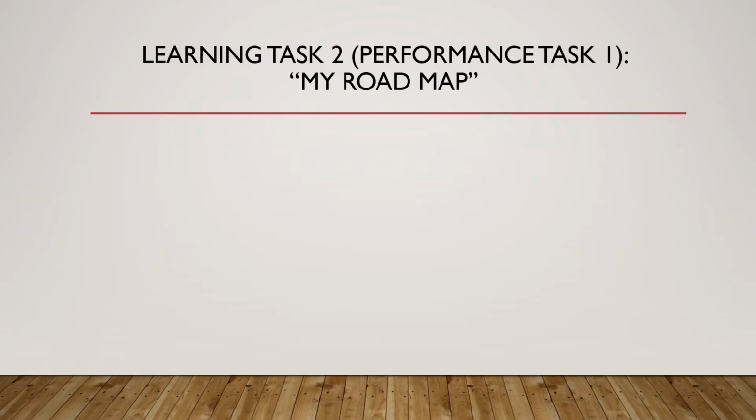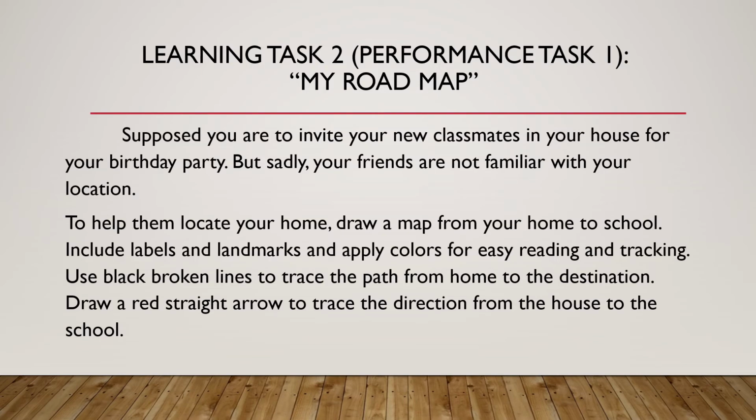Then, we have here the learning task 2, your performance task 1. This is your performance task 1, entitled My Road Map. It says, suppose you are to invite your new classmate to your house for your birthday party.